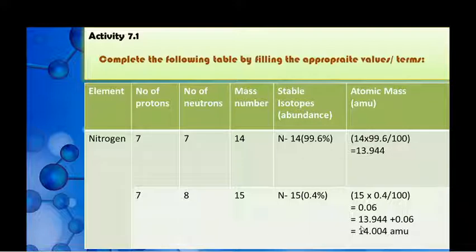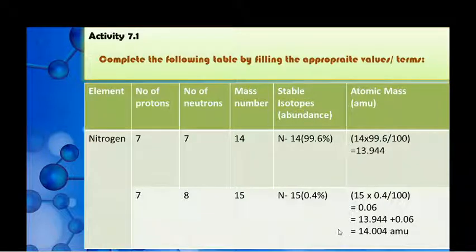How do we get the average atomic mass? The average atomic mass comes by adding all the stable isotopes' atomic masses of an individual element. So we have to add these two values for the nitrogen atom. We got 13.944 plus 0.06, which is 14.004.